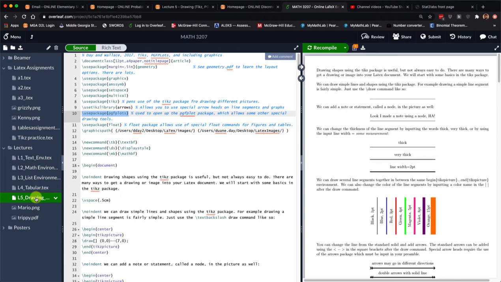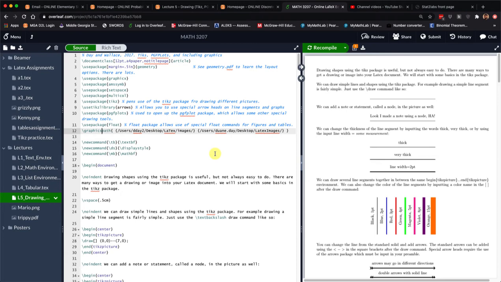The reason my preamble looks kind of muddled here is because I have this thing called a graphics path. Now, I don't usually use Overleaf when I do my LaTeX. I have LaTeX downloaded to my computer, and this is set up to pull images directly from a specific path. That's an option you have when you're using LaTeX on your desktop rather than online like we do with Overleaf.